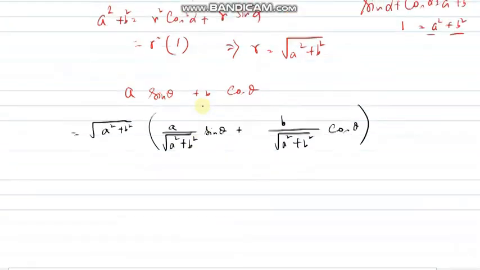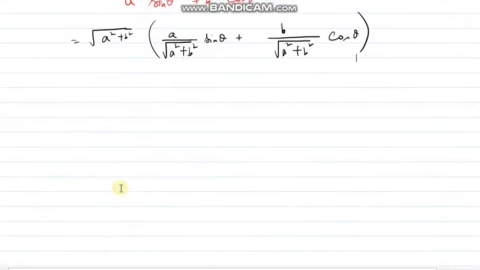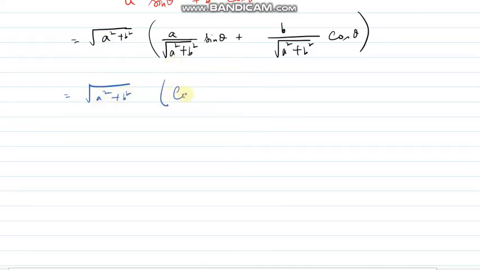Now clearly I can take this a divided by root over of a square plus b square as cos alpha, or sin alpha, rather anything. So this term will be root over of a square plus b square, suppose, cos alpha sin theta plus sin alpha cos theta.